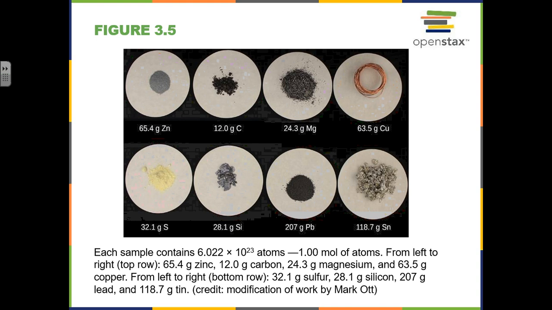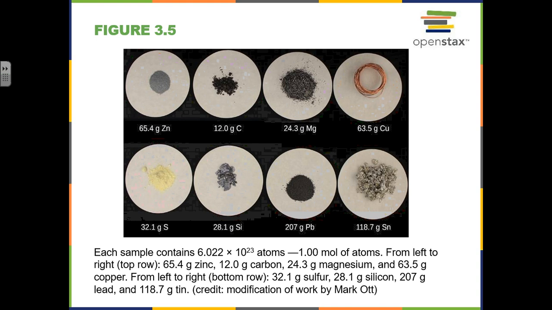If you look at the example of 12 grams of carbon, the amount of that is uniquely different from 118.7 grams of tin. That's because 1 mole is going to vary from substance to substance.